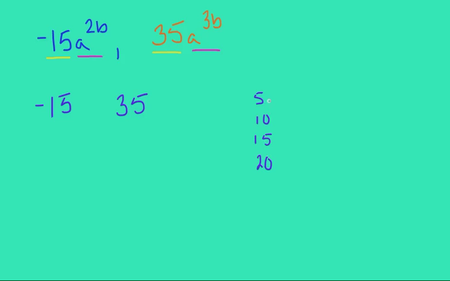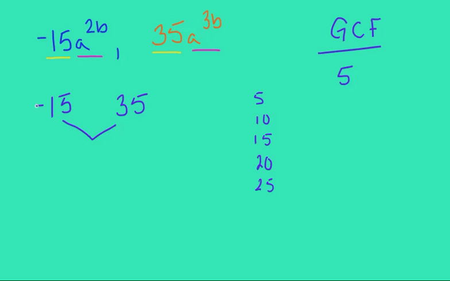In this case, 5 can go into 15 3 times, and 5 can go into 35 7 times. If you look a little further, you'll notice that there's nothing else that can go into it except for 5. That would be the greatest number. So for these two numbers, our greatest common factor, let's just write GCF up here, would actually be 5.